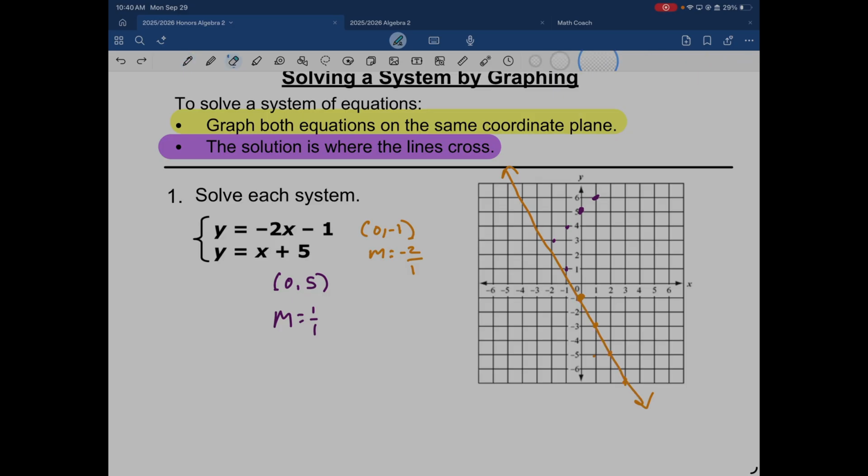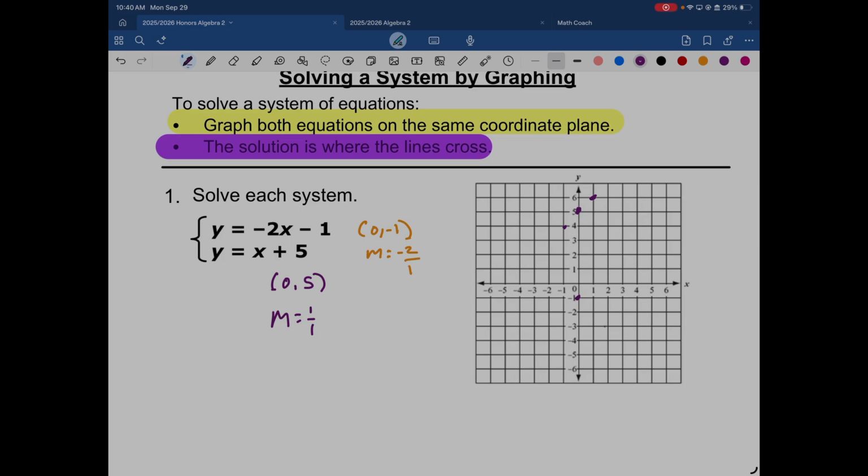My orange line still isn't very accurate. So there's my orange line, there's my other line. They meet right there.